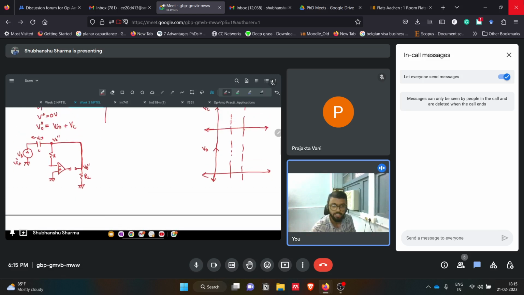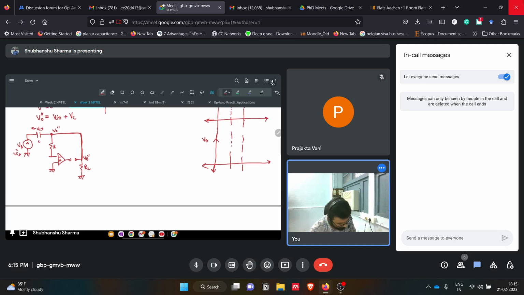Now we have taken one assumption in this circuit. See, RLC is the time constant for this thing, and it is very large.